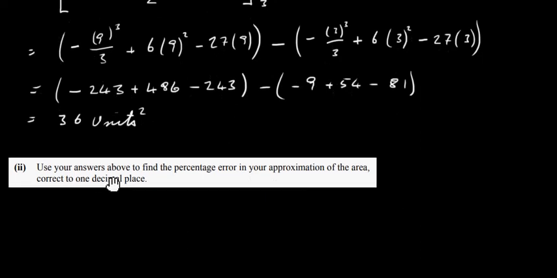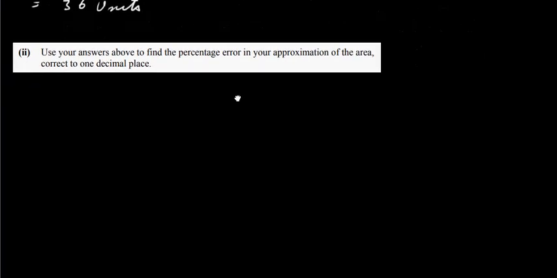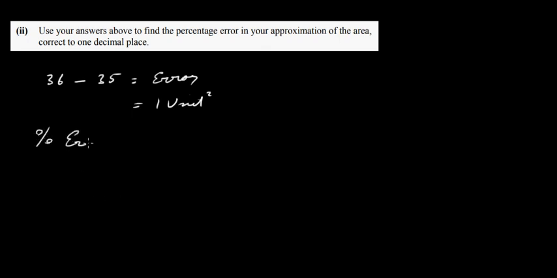Now it says use your answers above to find a percentage error in your approximation of the area, correct to one decimal place. Okay, so we got 36 units and we got 35 units, so that's equal to our error. So that's just going to be 1 unit. 1 unit squared was our error. So the percentage error then is going to be that 1 unit over the accurate value.